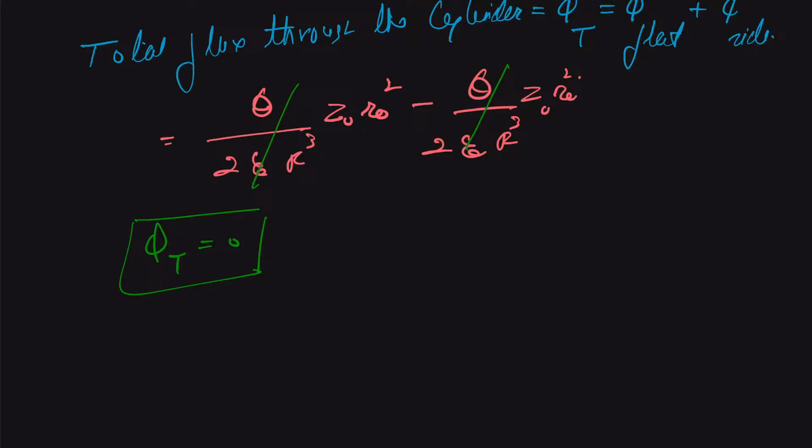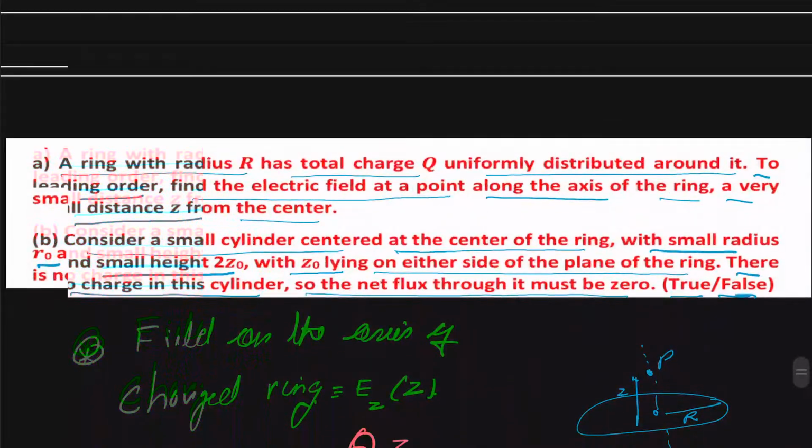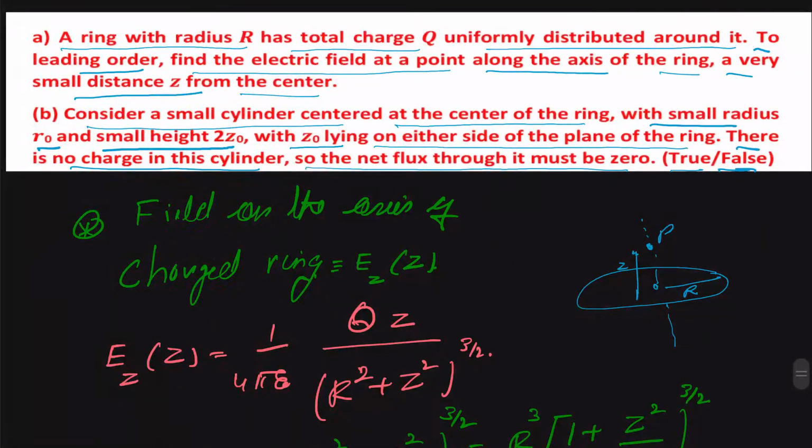And this was true based on our Gauss law also. If you look closely, the question mentioned that there is no charge inside the cylinder. Okay. If there is no charge inside the cylinder, obviously according to the Gauss law, the flux associated with the cylinder has to be equal to 0.